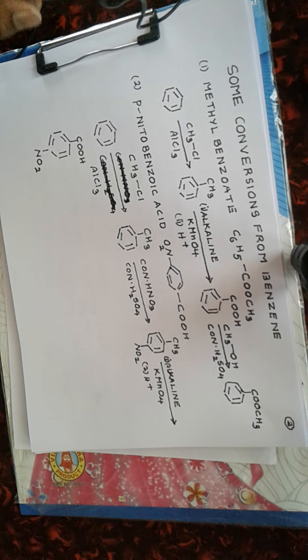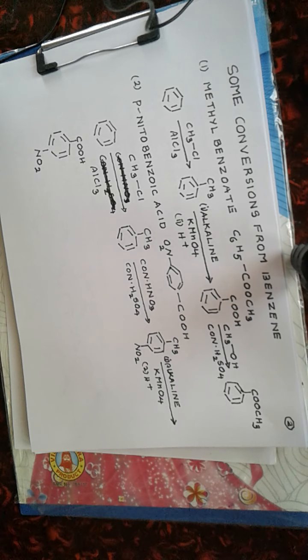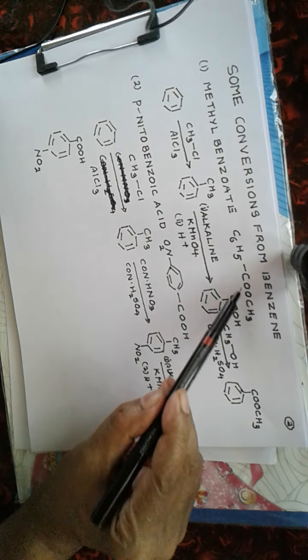Now some conversions from benzene, that is first preparation of methyl benzoate, C6H5COOCH3.